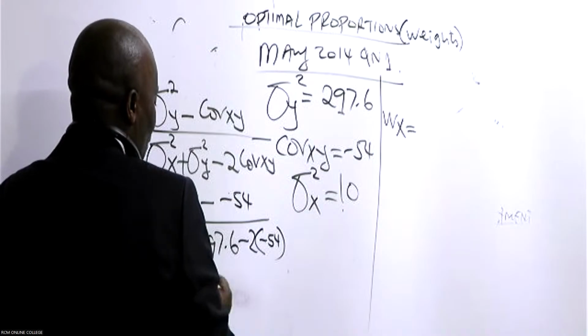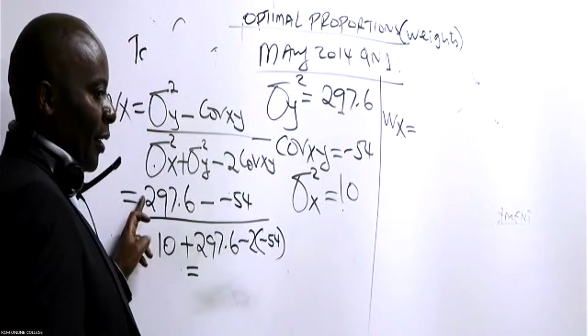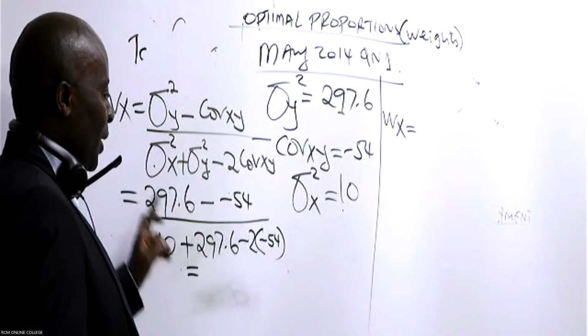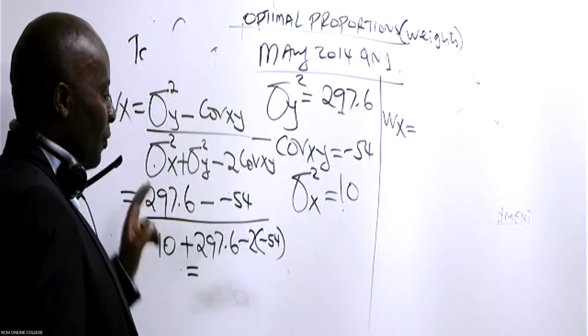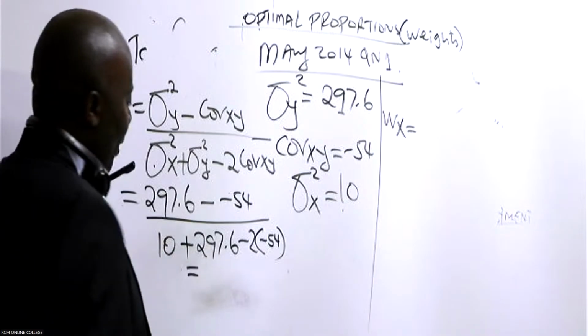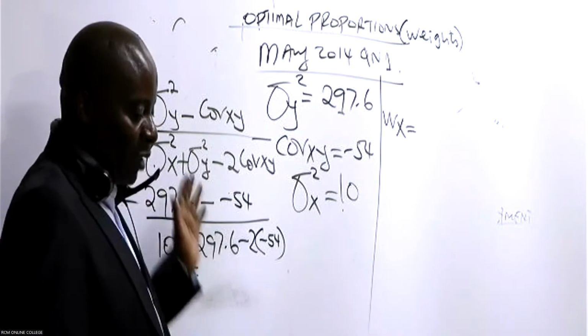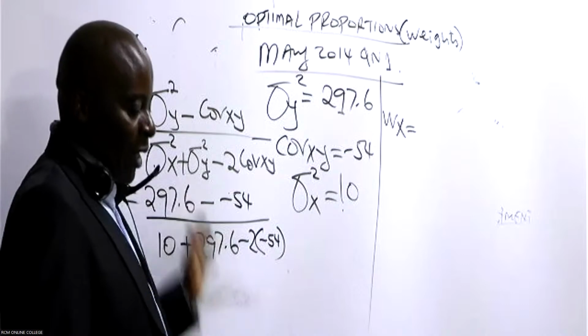So can you kindly do me a favor? Please give me the numerator answer. So you say 297.6 minus 54. You give me a number, I write.